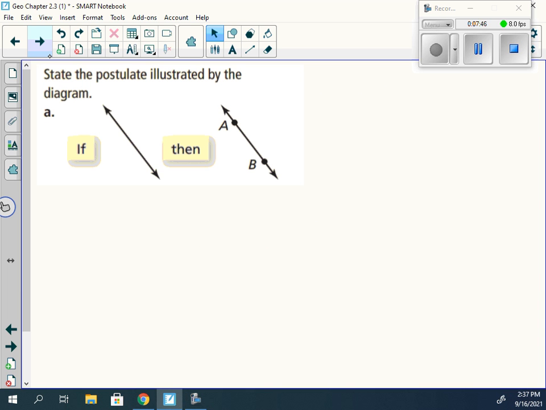Let's look at another one. If this picture, then this one. So what do we have here? A line, then we have 2 points on the line, yes? Is this the 2-point postulate, or is this the line point postulate?